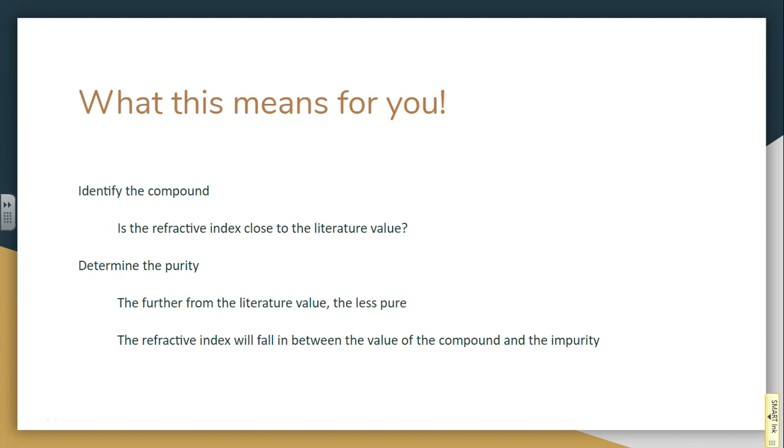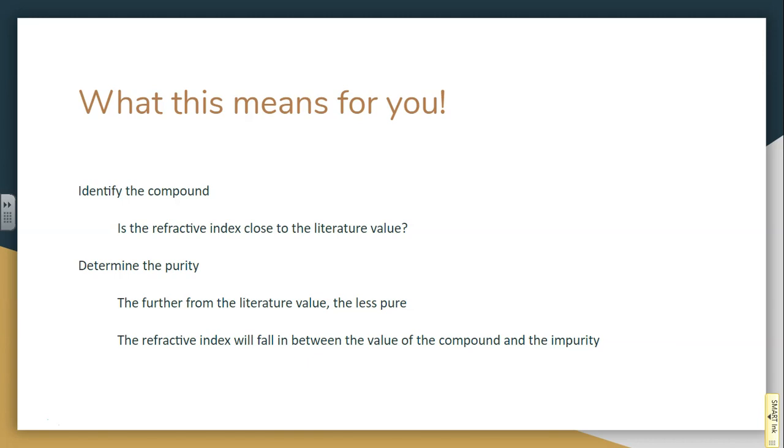So you can also make some educated guesses as to what those impurities would be. So whenever you're using index of refraction, the expectation would be that you would be able to use that data to both identify your compound and to make some sort of comment on how pure your compound is and what maybe the impurities are.